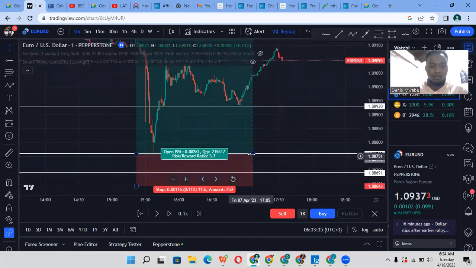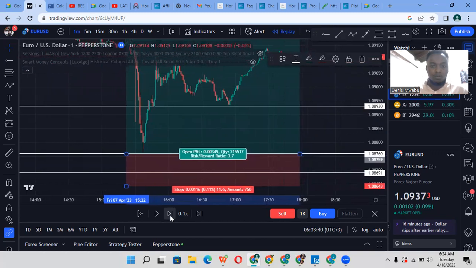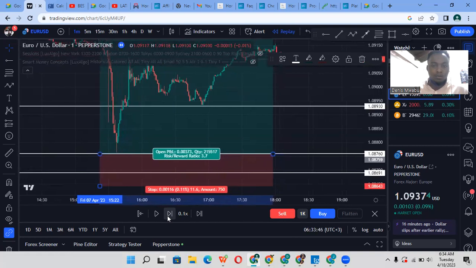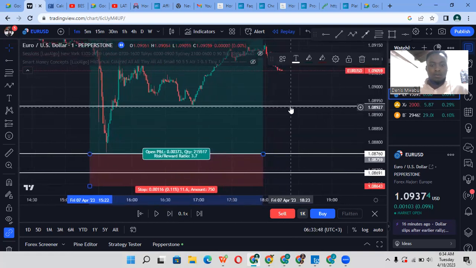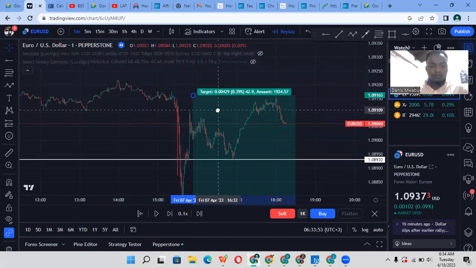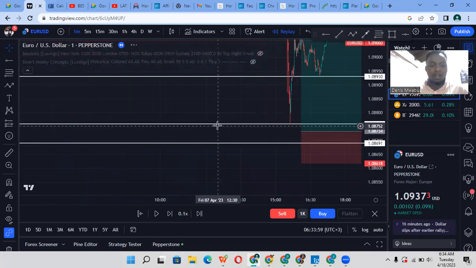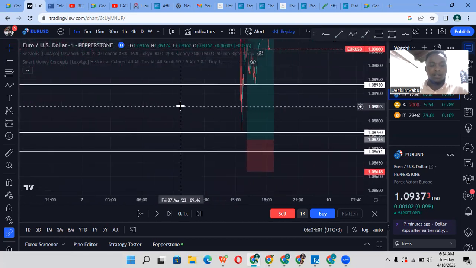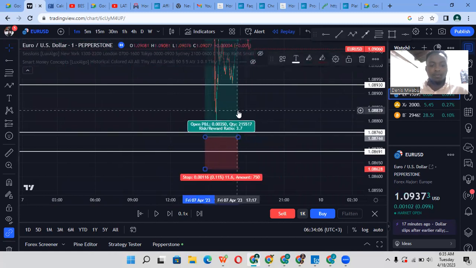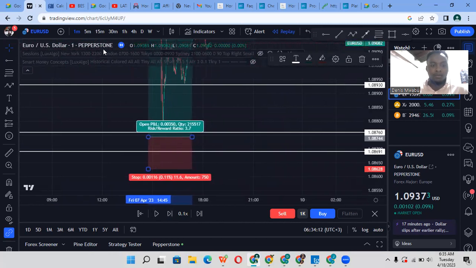Here's the thing. Can you see how precise this is? Just hit our level to the pip, all the way up.